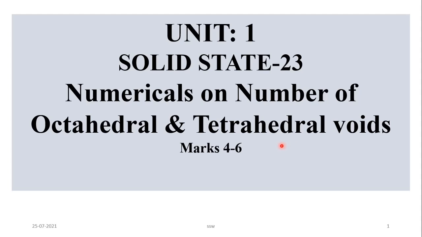And you know that octahedral voids are surrounded by 6 spheres, and tetrahedral voids are surrounded by 4 spheres. And the number of octahedral voids is equal to the number of atoms, and the number of tetrahedral voids is double the number of atoms. This relation also we have studied.